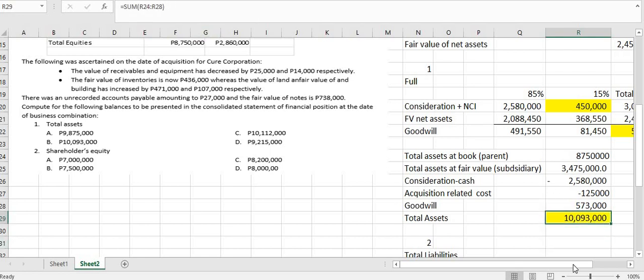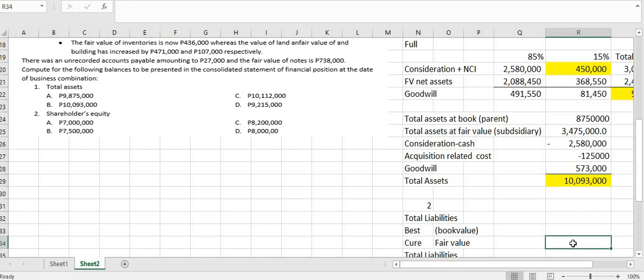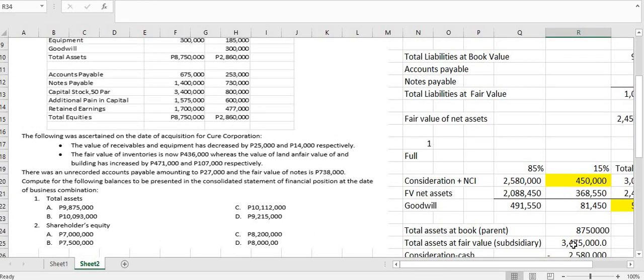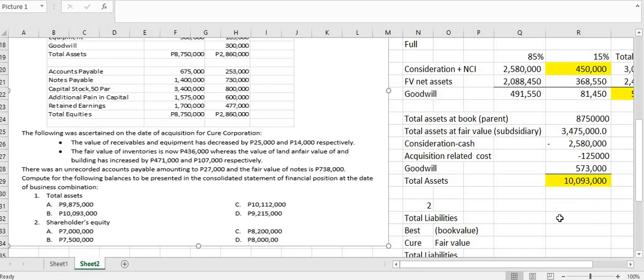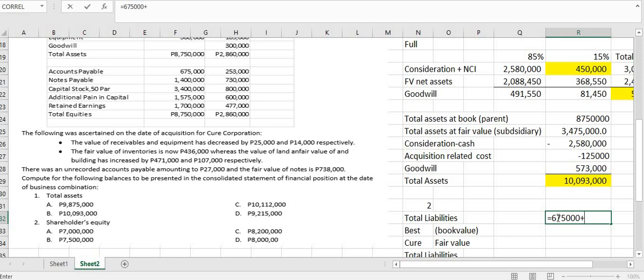And then our total liabilities. The parent's is at book value, the sum of the accounts payable of 675,000 and the notes payable of 1,400,000. Plus the subsidiary's, which should be at fair value.